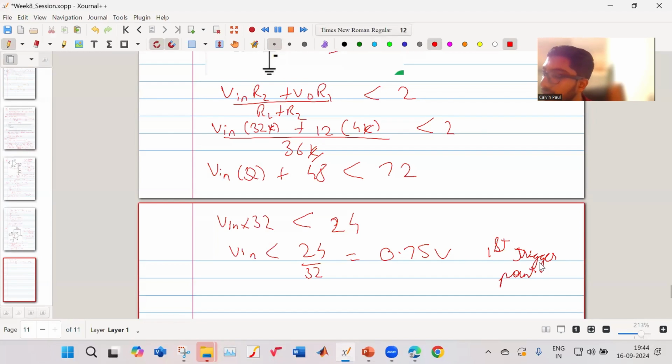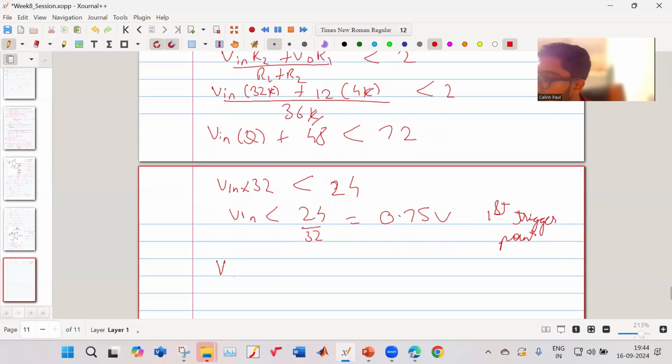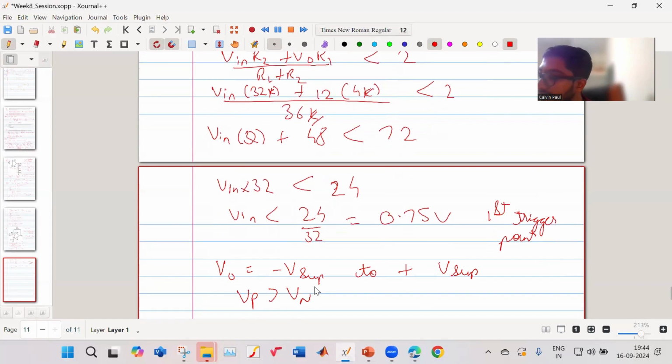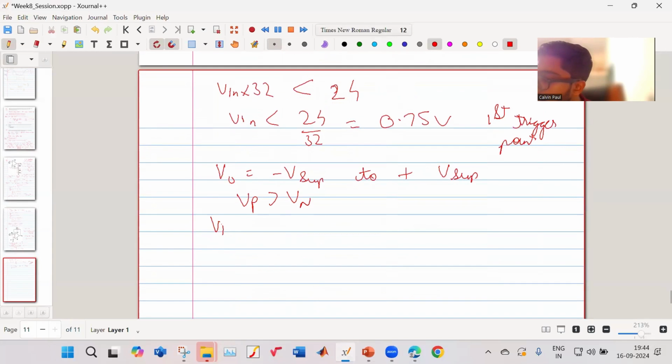Now we'll consider a case when my output was minus V supply, then it goes to plus V supply. So that means it is going to positive. So that means my VP should be greater than VN, right? So it is VN into R2 plus V output into R1 by R1 plus R2 should be greater than 2.